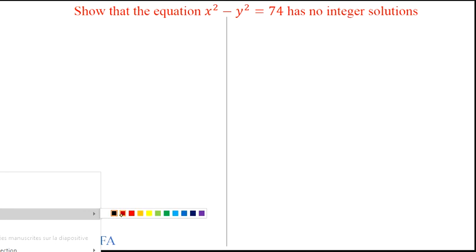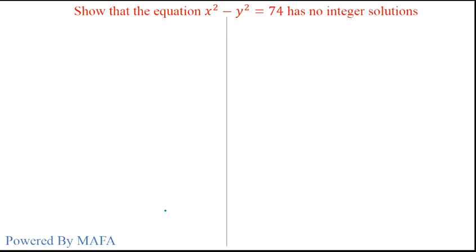Now if we actually want to show that this equation has no integer solutions directly, it is going to be stressful, because we are going to solve for the values of x and y in the set of integers. It looks a bit bizarre, so we are going to show this by contradiction.